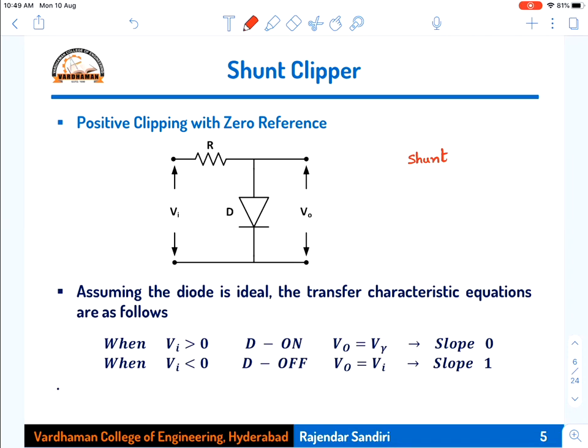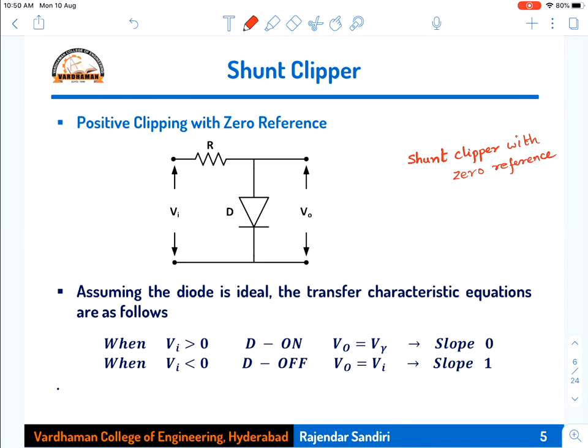So by seeing the position of the diode, it is a shunt clipper, and since this diode branch does not have any battery connected, it is a shunt clipper with zero reference.